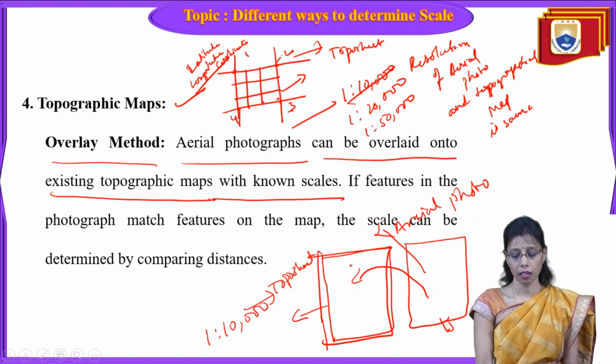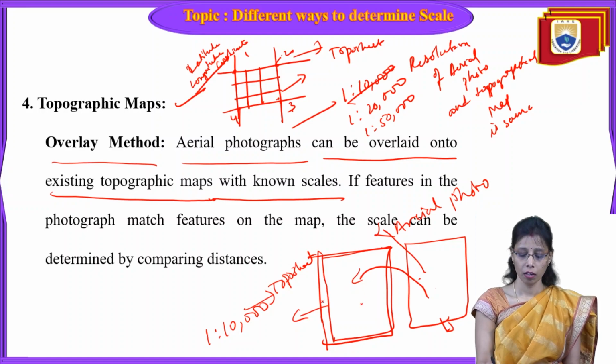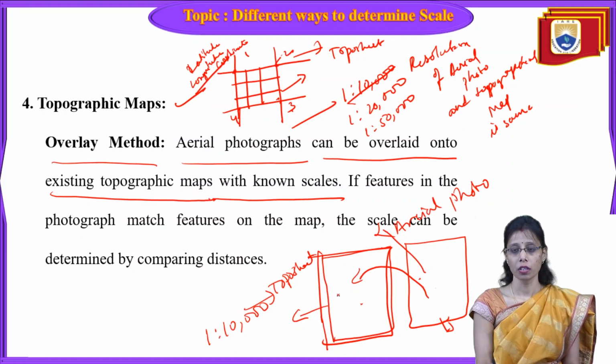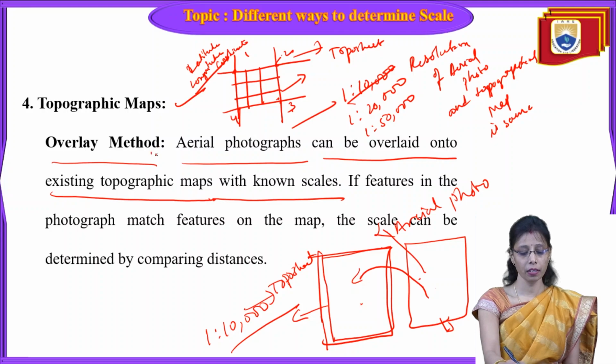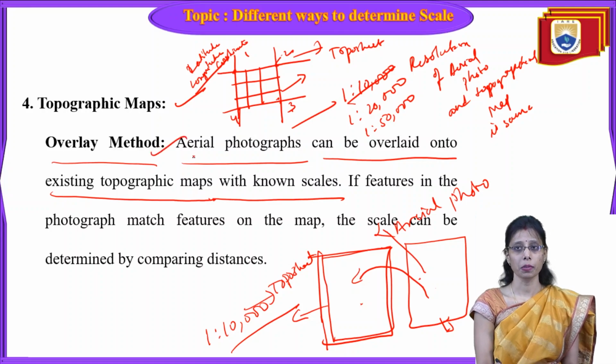That means the aerial photograph features are mapping exactly to the topo sheet, so the scale of the aerial photograph is determined. Whatever scale our topo sheet has, the same scale the aerial photograph will have. So this is the overlay method we use with topographic maps, right?